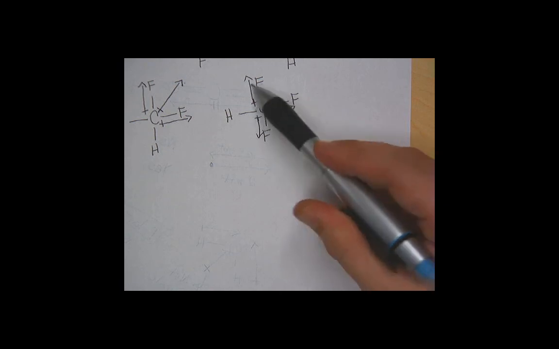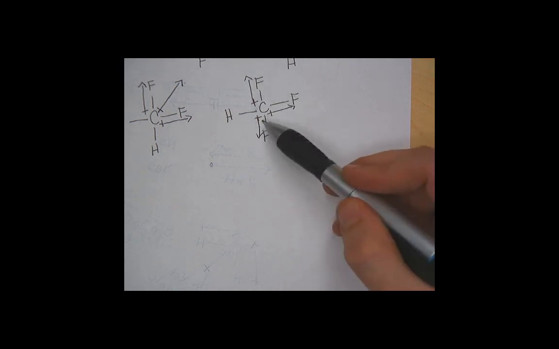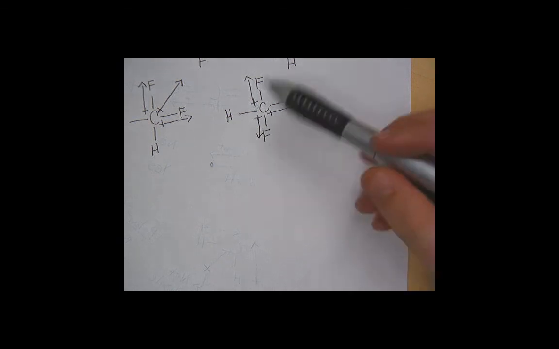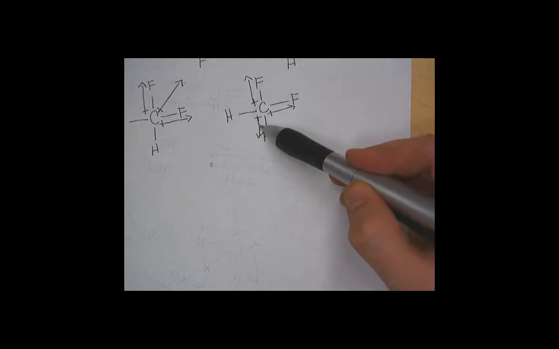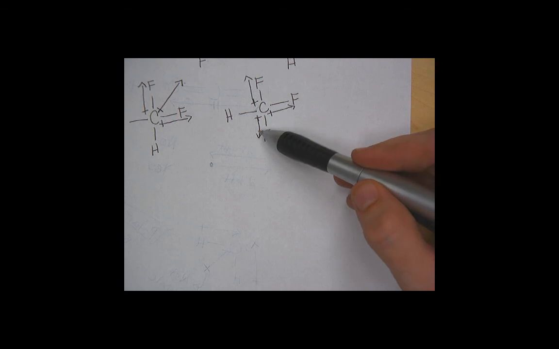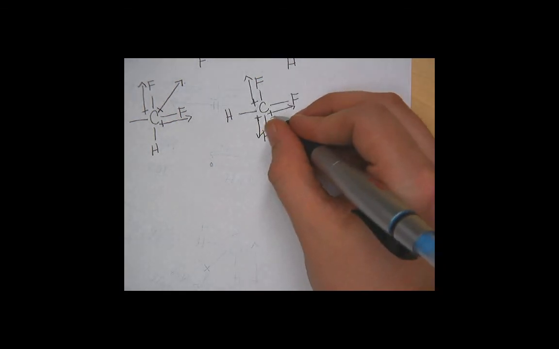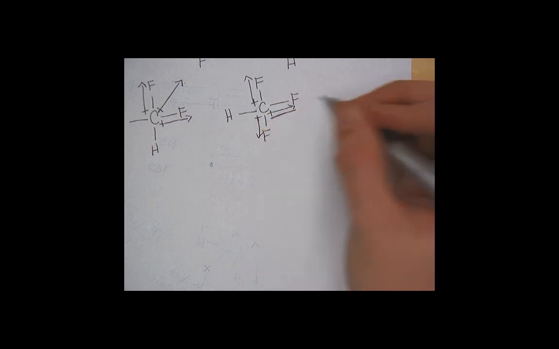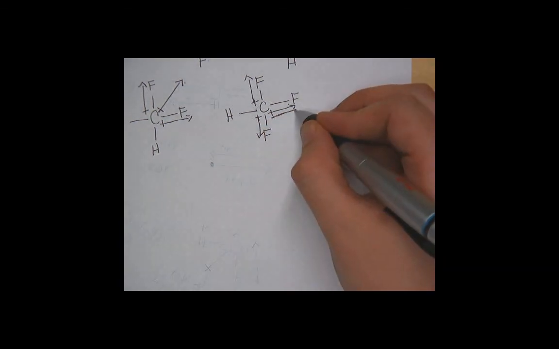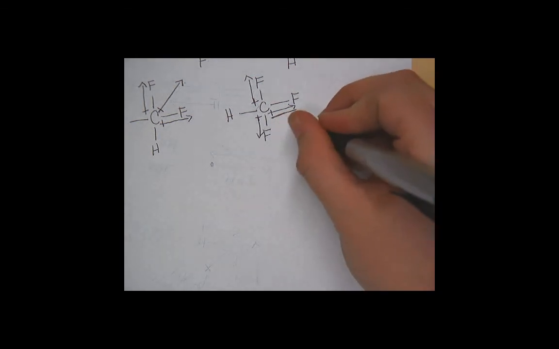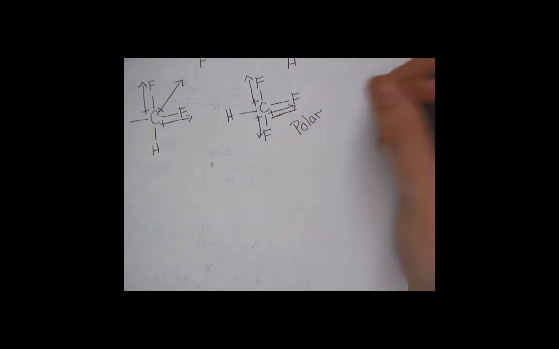We have one that's pointed up and one that's pointed down, and the up and down are going to balance each other out and cancel out. In return, we have a single plus arrow left over. That, therefore, is our net dipole moment, and this molecule is indeed polar.